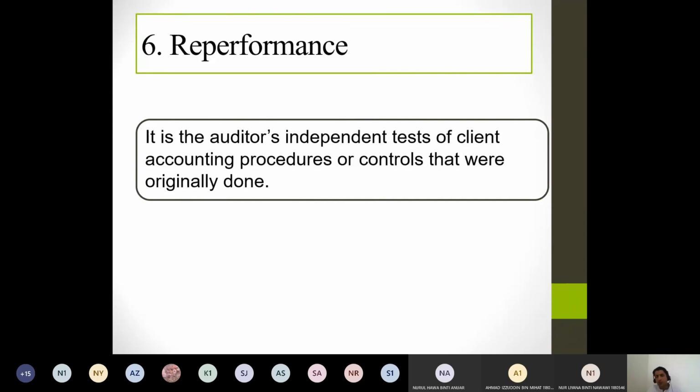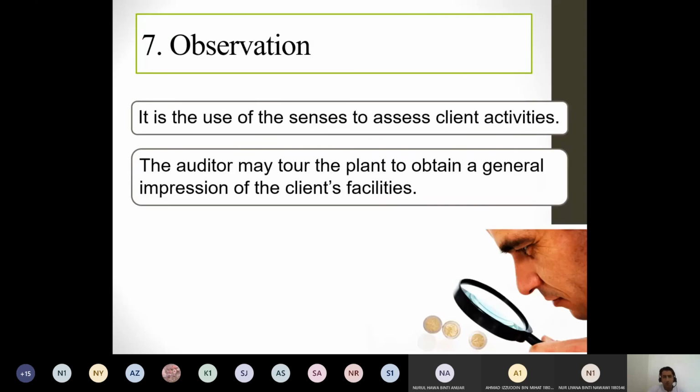What the auditor will do is try to reperform that transaction. Normally we do reperformance to test the client's internal control, to ensure that the internal control is effective and accurately operated.